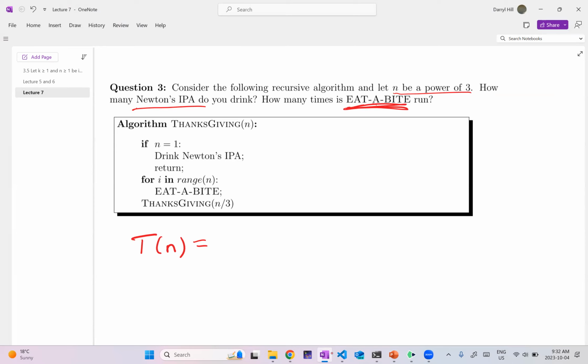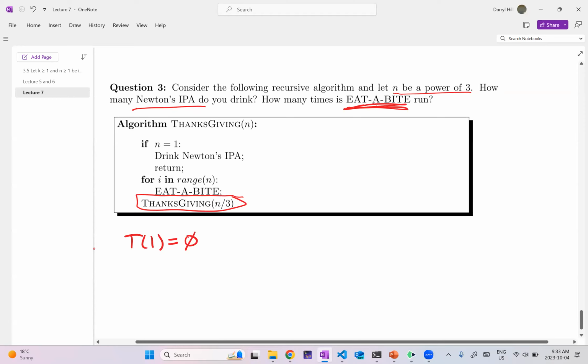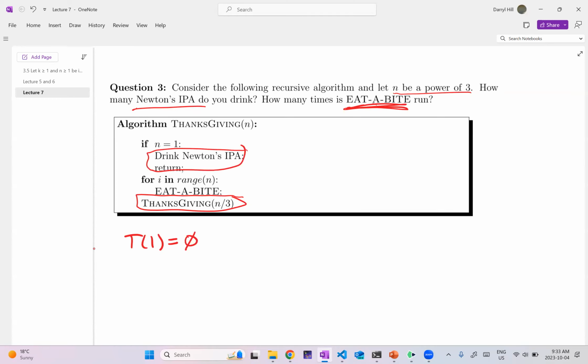I want 2 terms here: all of the work that's done at a level of a recursive call, plus the recursive call. Let's do the base case first. T of 1 is the number of times I run eat a bite, and in this case that's 0. So T of 1, I drink a beer, and then I'm done.